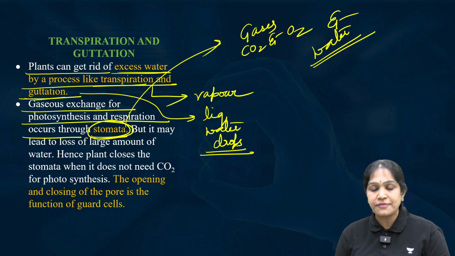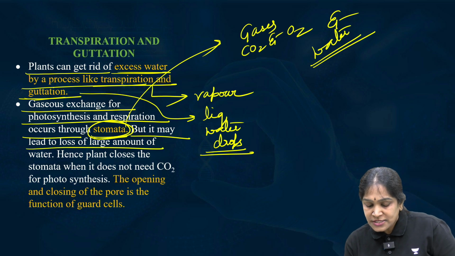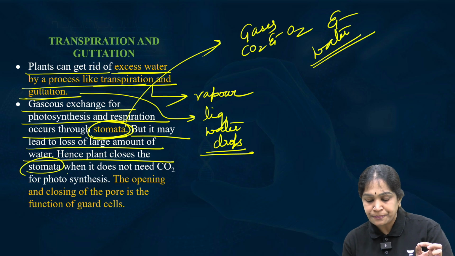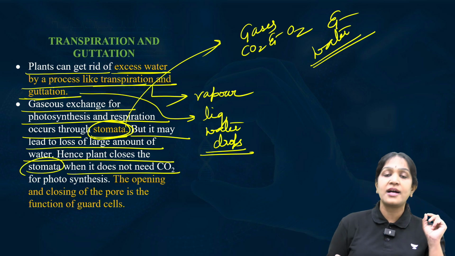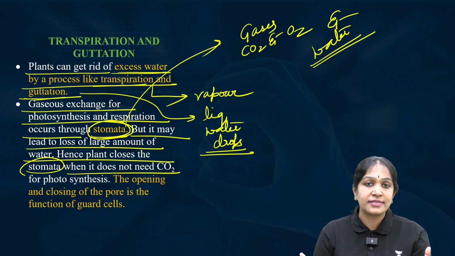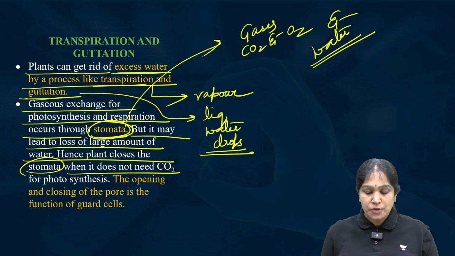That is what we see in the form of dew drops. As it may lead to the loss of a large amount of water, the plant closes the stomata when it does not require the carbon dioxide. During night time when it is not requiring the carbon dioxide, the guard cells will close the stomata.